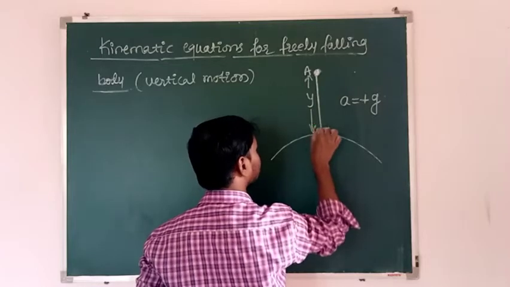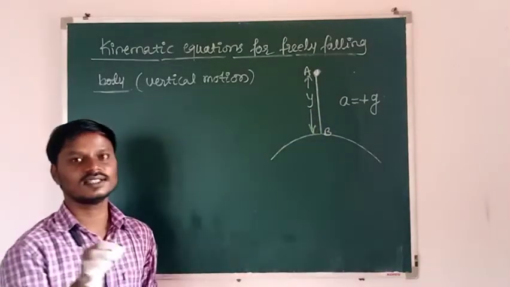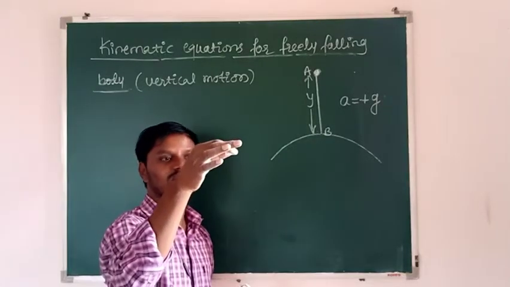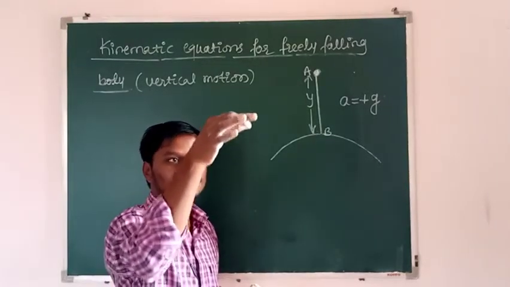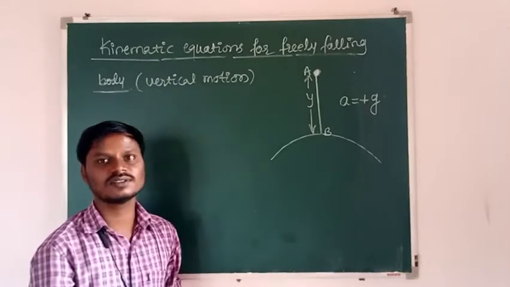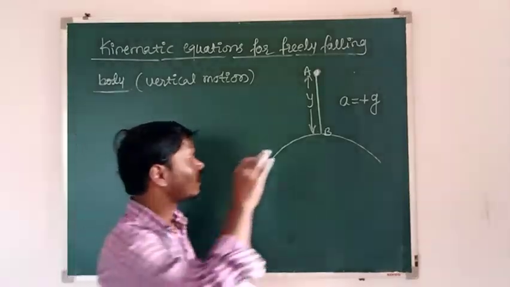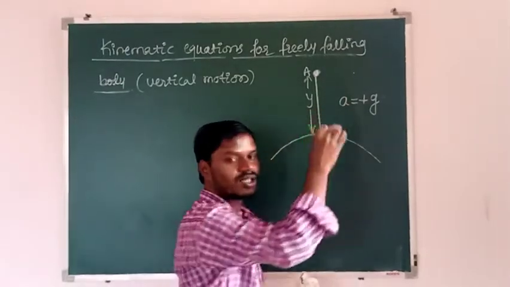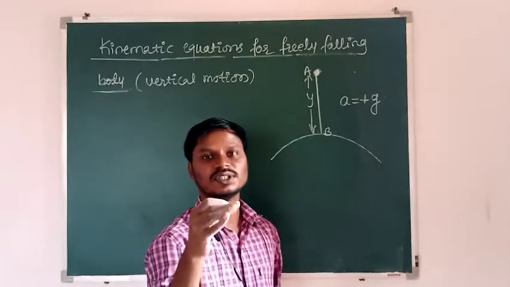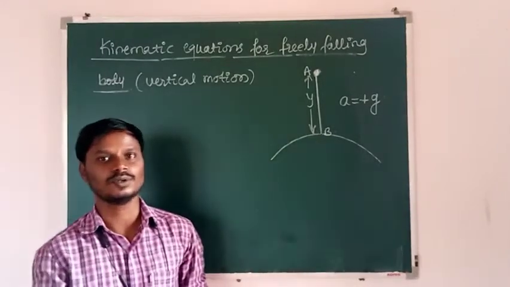Otherwise you can take h, because the body is initially at a certain height from the surface of the earth and we are going to release this body now. Then the body falls down with increasing velocity, so the acceleration can be taken as positive, and that acceleration is constant. That acceleration is produced in the body due to the Earth's gravitational force.